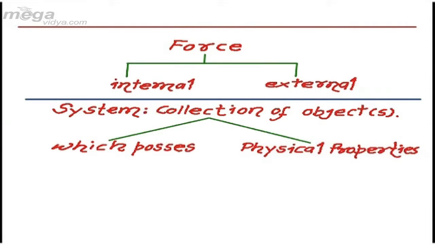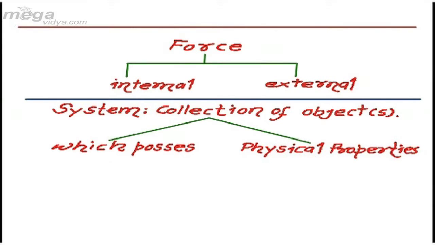Now, such things which have these physical properties and collection of such objects is called a system.